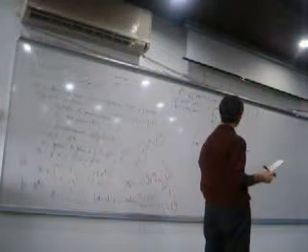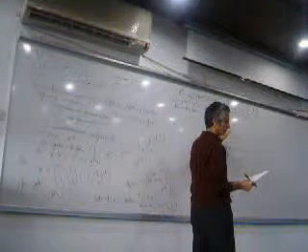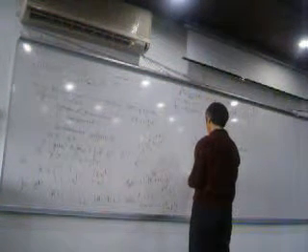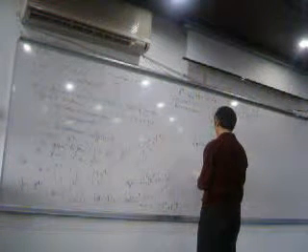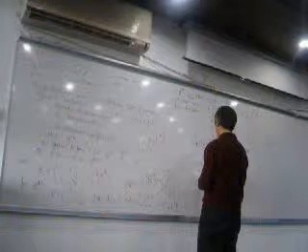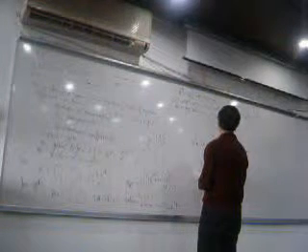Then you come to the next one. The next one says what? Take B on this side. So you get something like this. A plus I B equals A minus 2 units, right?